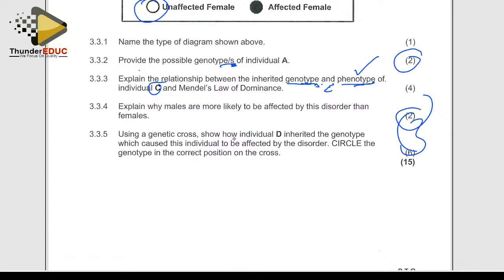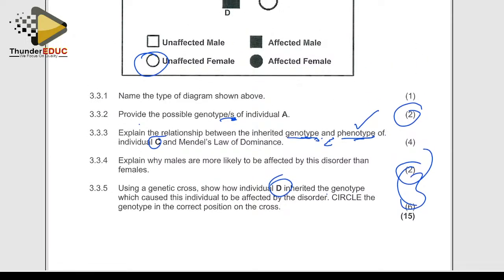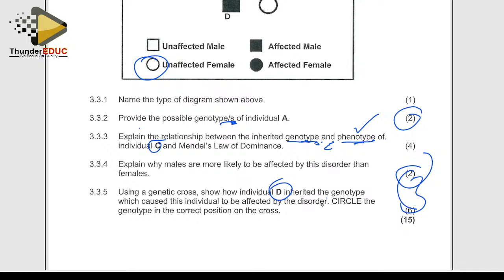Use the genetic cross. Show how individual D inherited the genotype which caused this individual to be affected by the disorder. They're saying circle the genotype in the correct position on the right of this cross.